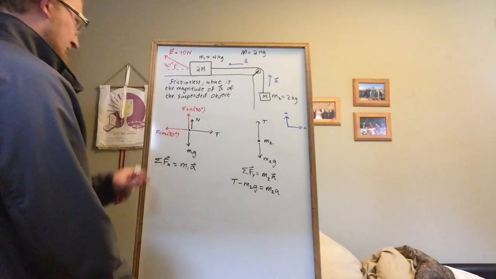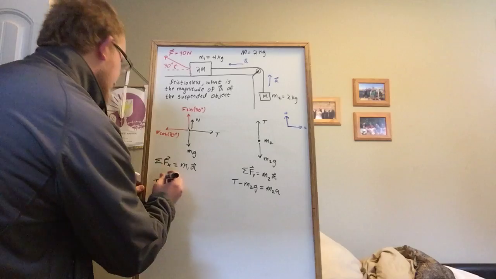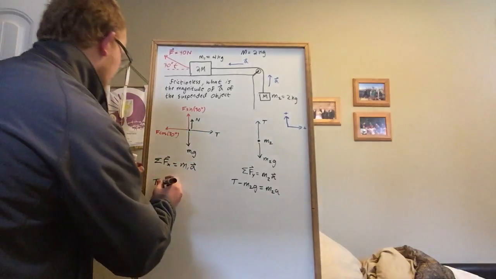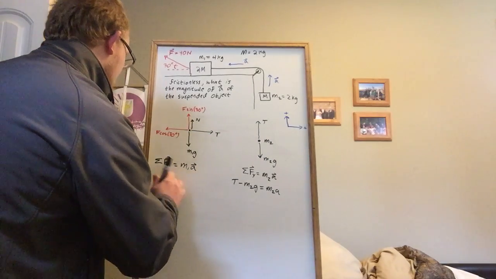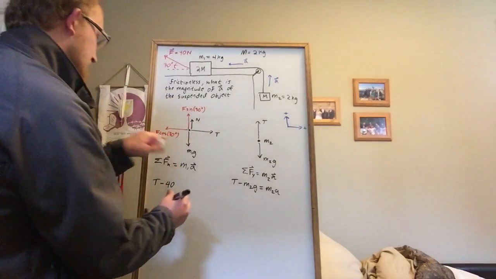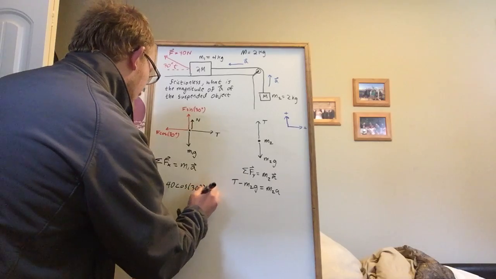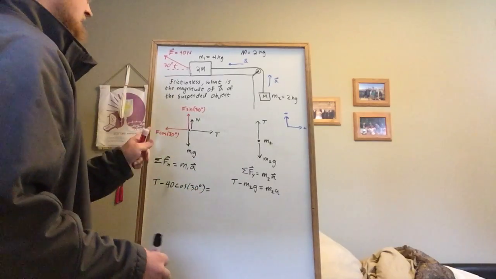So now we're looking at sum of forces in the x, positives to the right, so we have tension to the right, minus F, which is 40 newtons times cosine 30, equals MA.